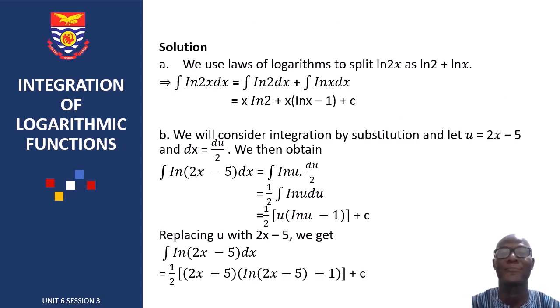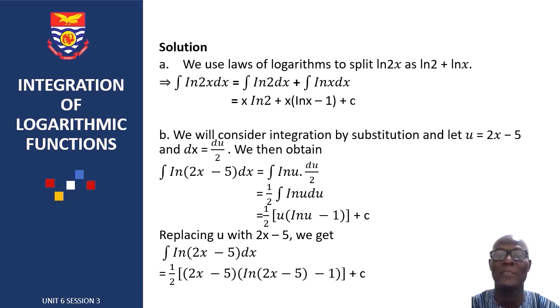Solution A, to integrate ln 2x dx, we use laws of logarithm to rewrite ln 2x since 2x is a product. And by that law, if we are multiplying, we add.